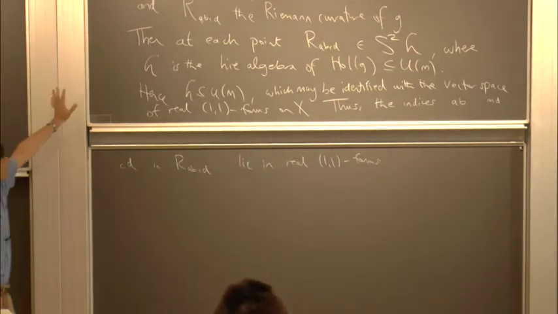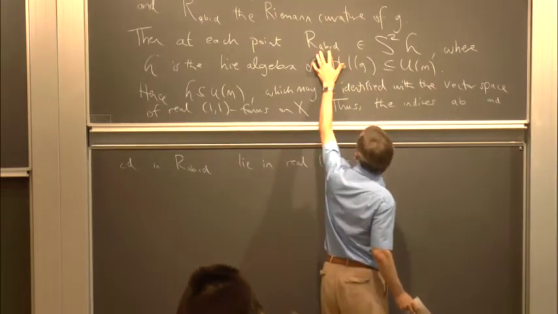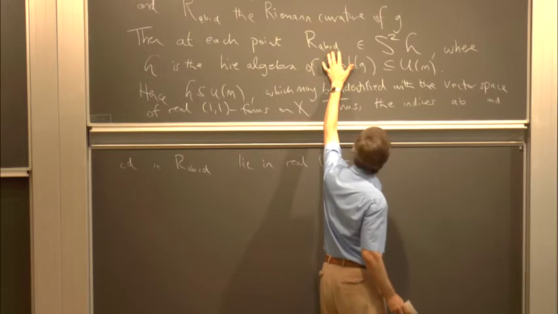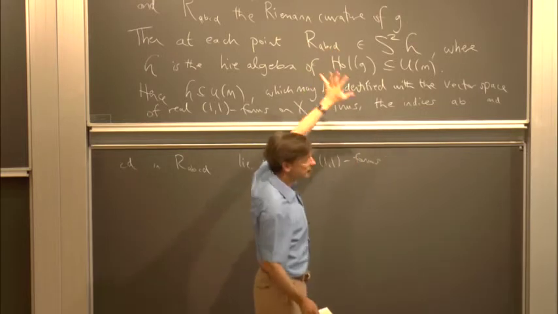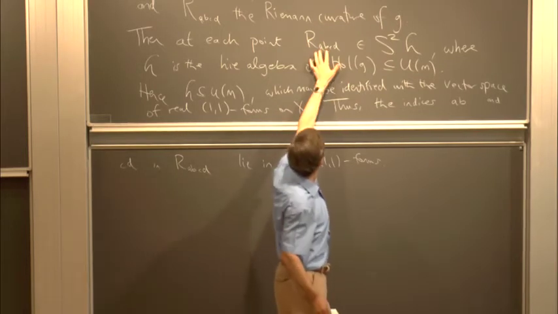Okay, so as a tensor on a complex manifold, we know that the Riemann curvature is antisymmetric in a and b and antisymmetric in c and d. What this tells us is that it's also compatible with the complex structure J, in that it's of type 1-1 for those two.